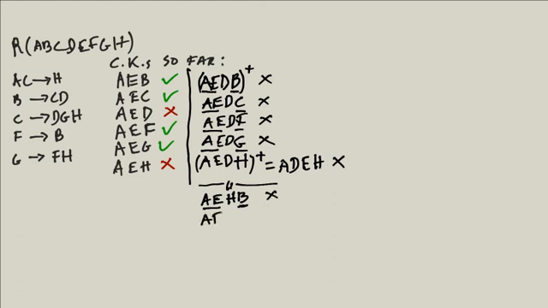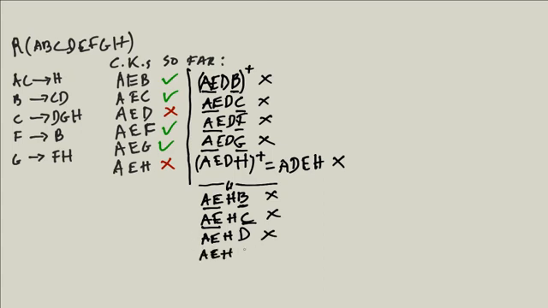Now AEH with C, same problem. So AEC is a candidate key. What about A, E, H, D? Well, it's not a superset of any of the candidate keys. But I already tested that combination right here. It's the same AE, HD or AE, DH, same thing. So this one has been tested. Don't need to test it again.